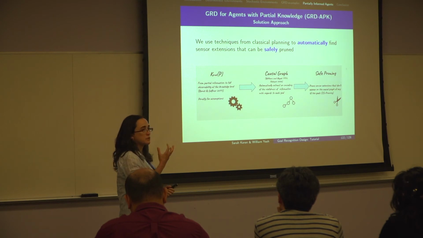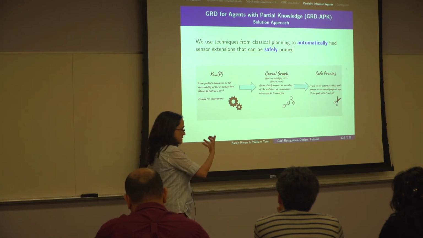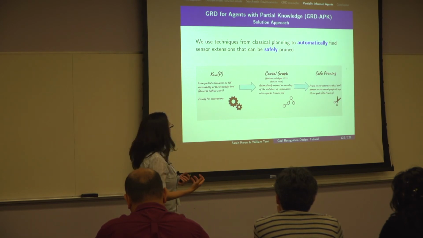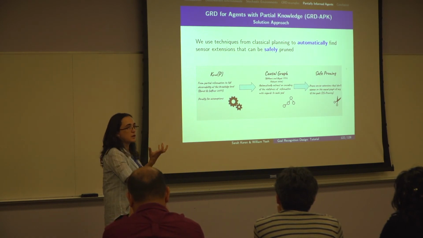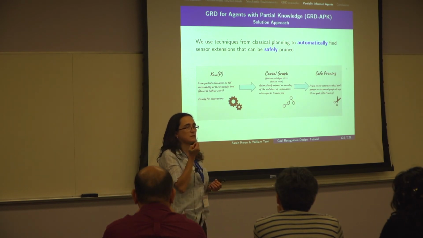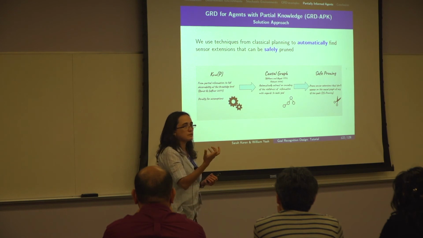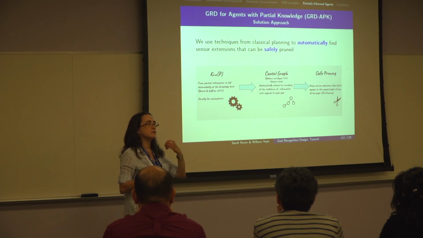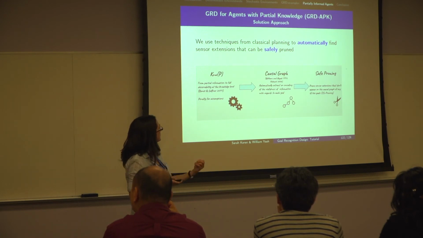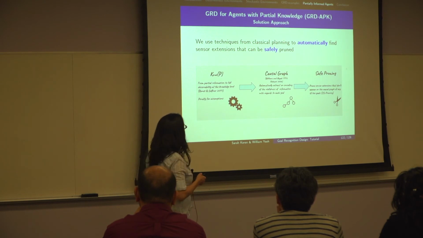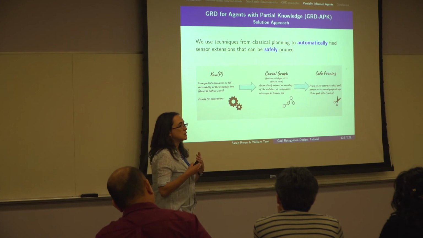So Bonet and Geffner have a compilation that compiles the partially informed problem to a classical planning problem. Then we extracted the causal graph of that problem. The causal graph is an entity that reveals relevant information from the problem, what would constitute relevant objects and relevant information, and that allowed us to do safe pruning. So whatever information does not appear in the causal graph of any of the goals can be safely pruned.